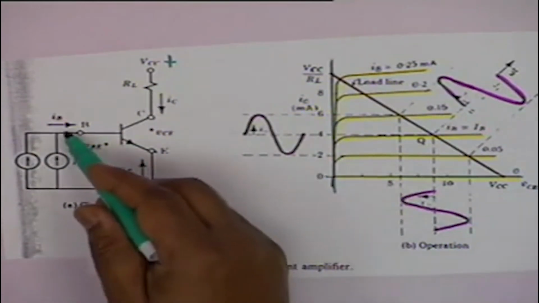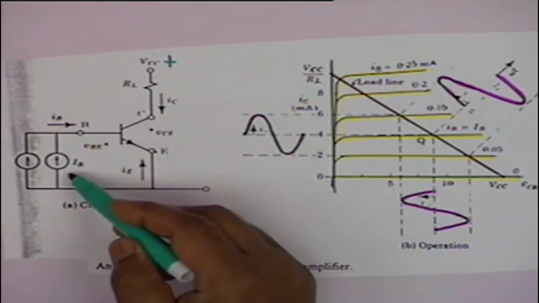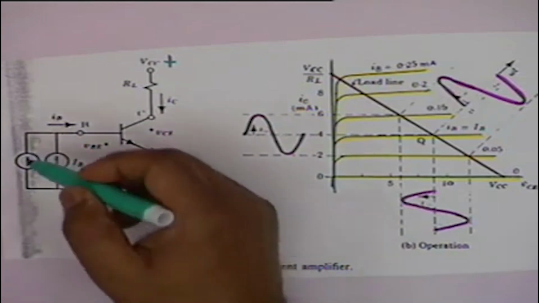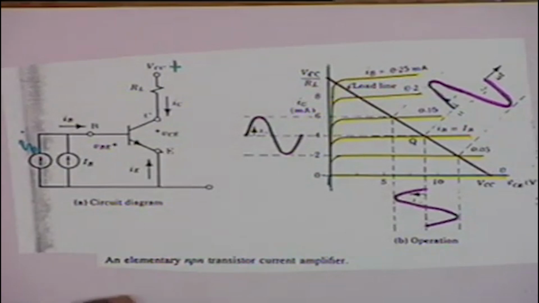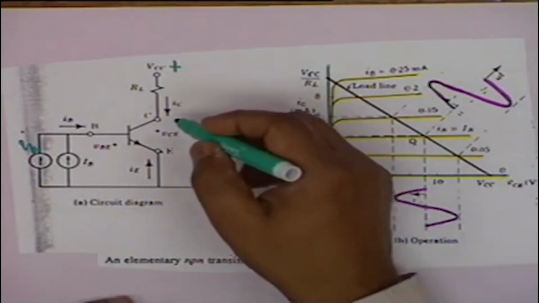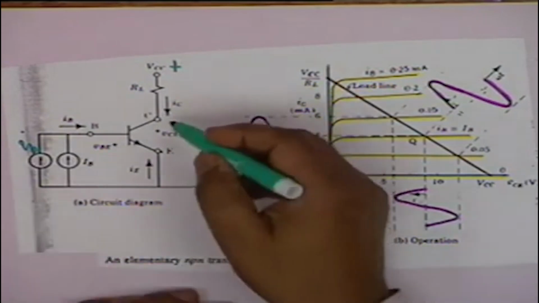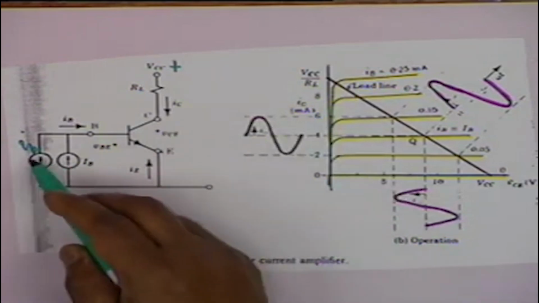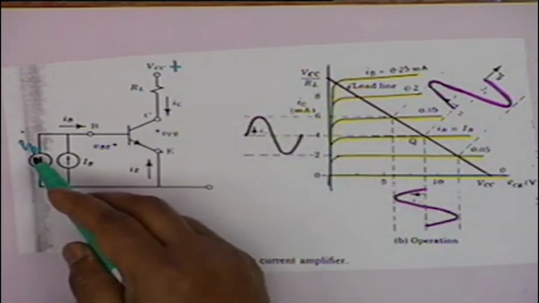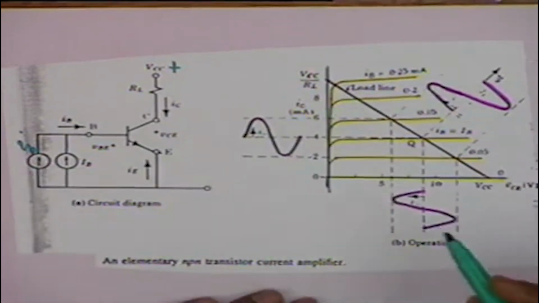On the other hand, a current I sub B enters here, and you can see that it contains two parts. One is the DC part or the quiescent part, and the other is the signal part, small i sub b. And it is this current I sub C or this voltage VCE which varies in accordance with I sub B. This characteristic shows this more clearly.